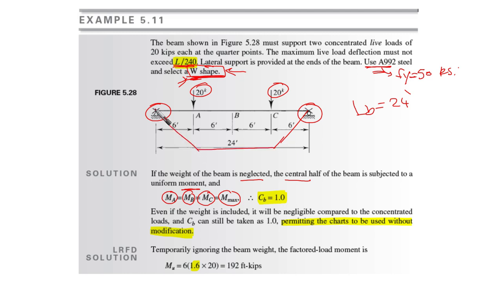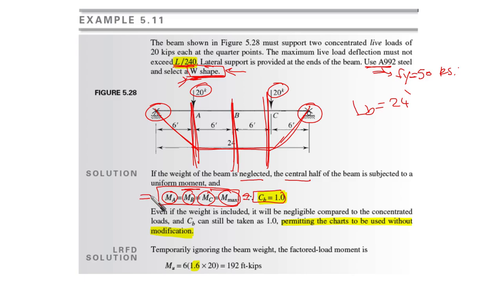This means that all the moments at the different points, at the quarter points and in the middle, are going to be the same. Why are we searching for this? In order to obtain Cb.